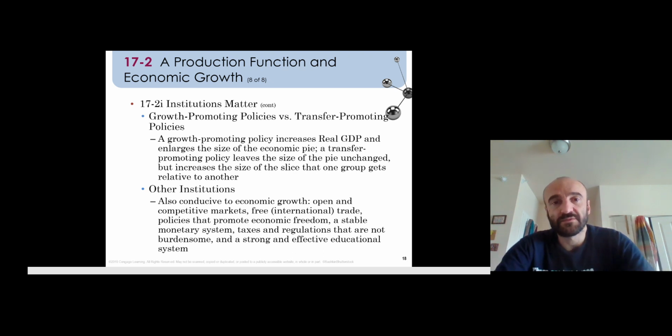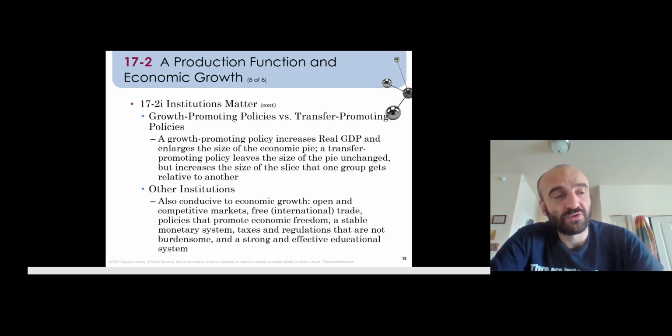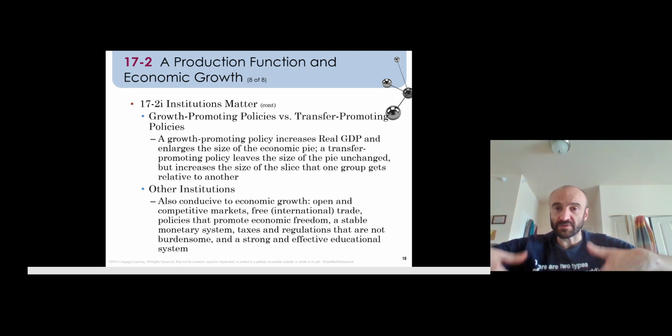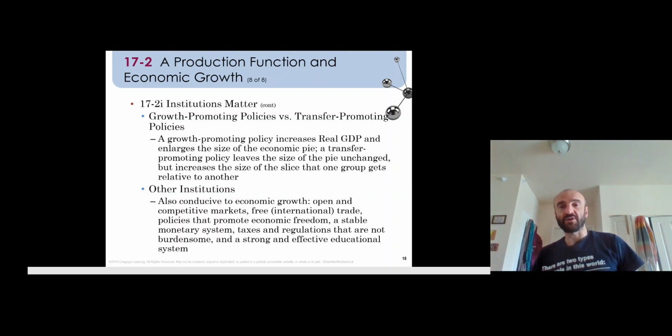So growth promoting policies have to do primarily with reasonable regulation. Why is that an institutional factor of economic growth? How many new firms are going to spring up if you increase regulation that makes the costs of starting up a new firm very high, much higher than before?